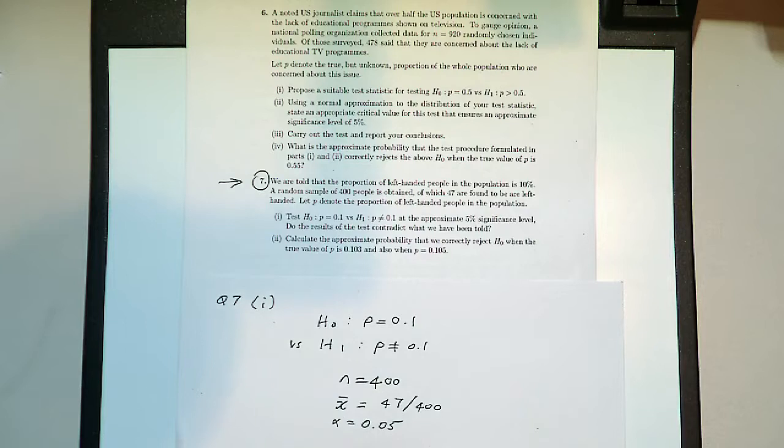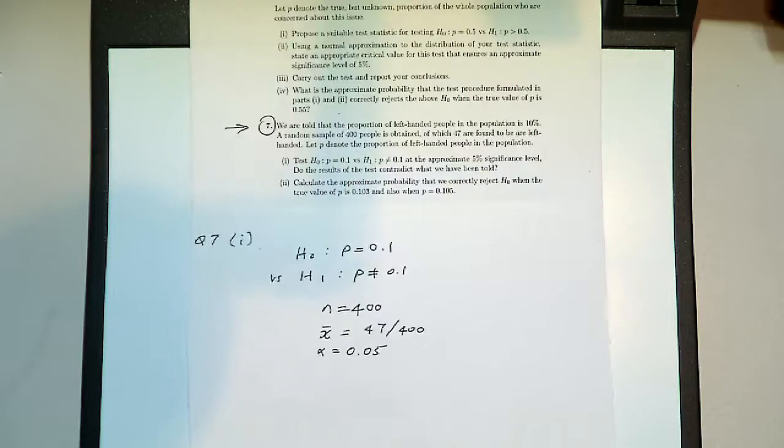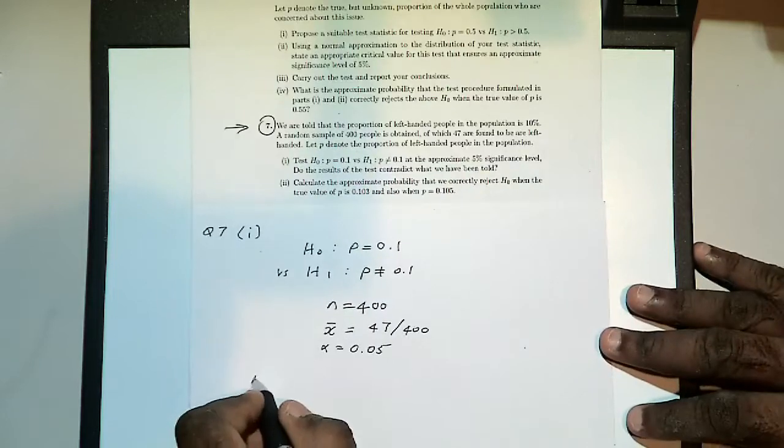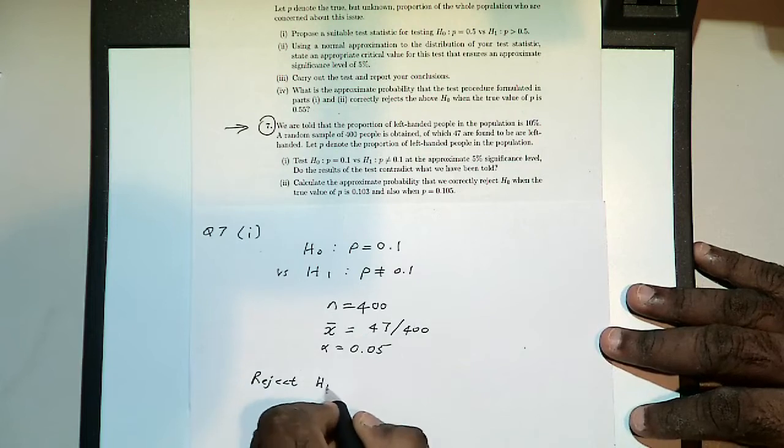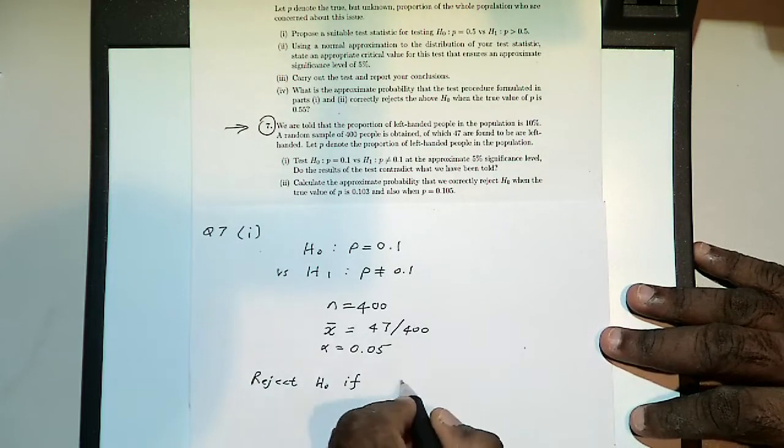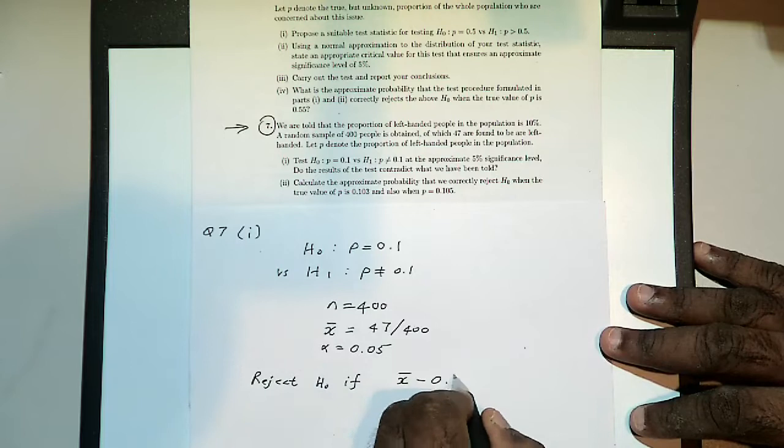Now, if you look in the review notes or the printed notes, you will see the rejection rule for this. The rejection rule: reject H0 if the absolute value of X bar minus P0 divided by the standard error is greater than the critical value.